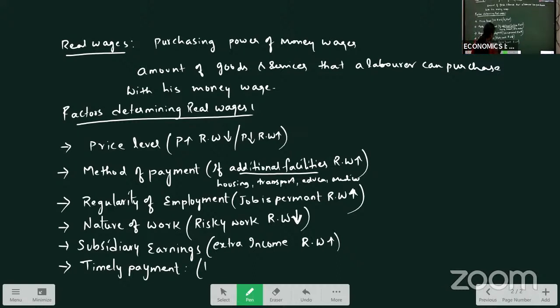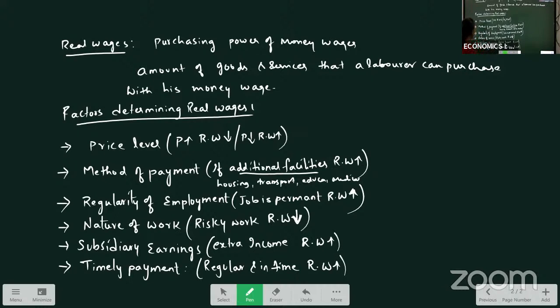So if the payment is regular and in time, then real wage will be high. That means if he is receiving his wages every time, regularly or on time. For example, if a person is earning a salary, every month first, he will earn the salary. If that is regular, his real wages or purchasing power will be high.